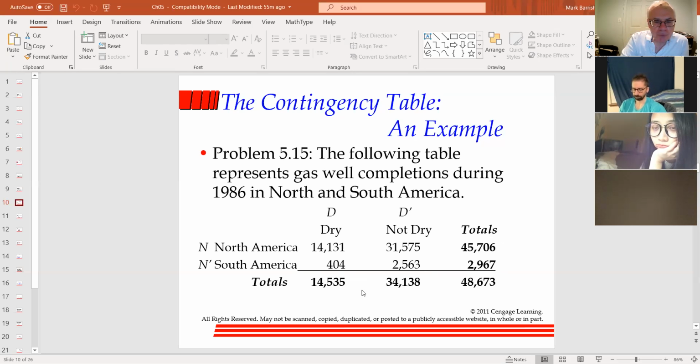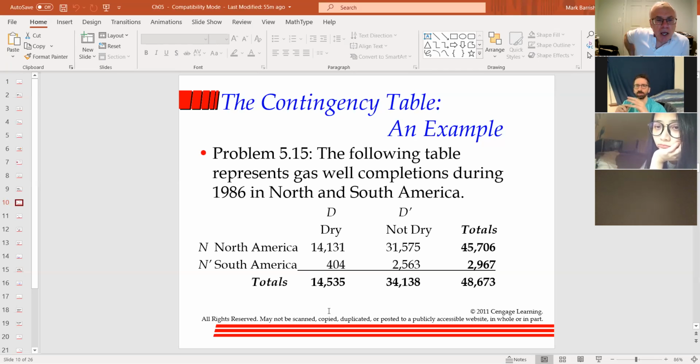All right. Now, these four boxes, they call them cells. These four cells here represent joint counts, because they are involved with both variables. For example, what's the count for the number of wells that were in North America and not dry? 31,575. Right.